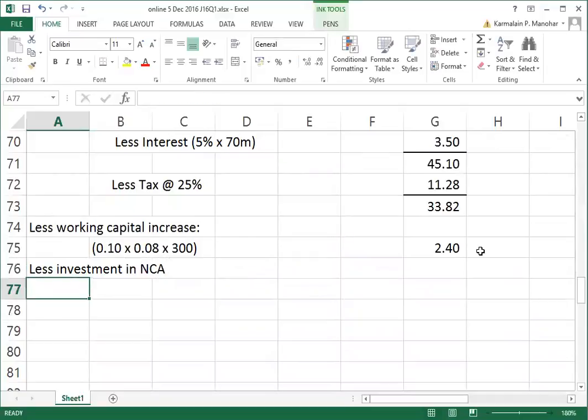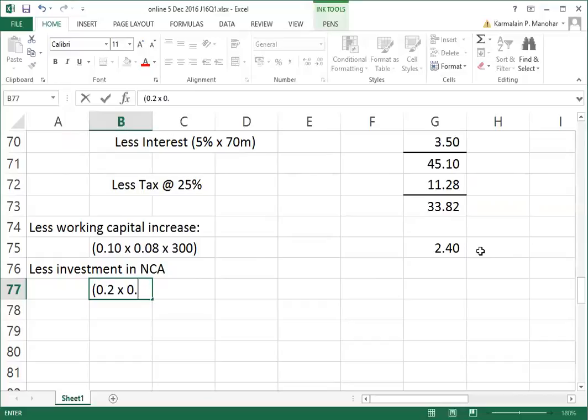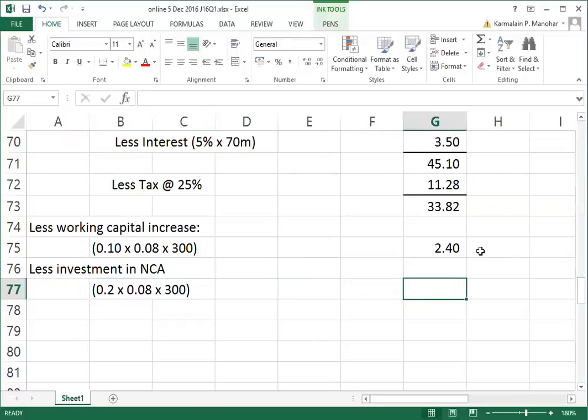So I will have to do it all over and say 0.2 times my increase of 0.08. I should have worked like what I was told and found the 8% since I had to use it twice. But I could copy here.